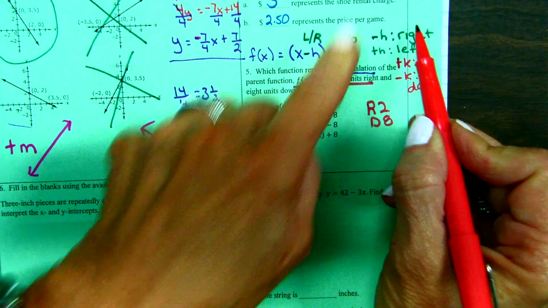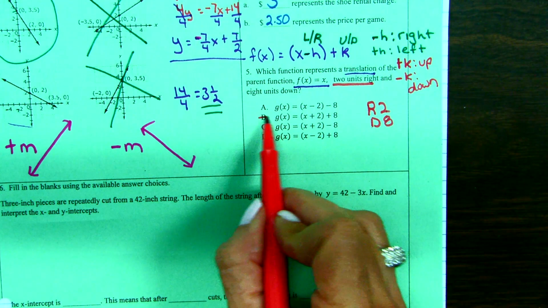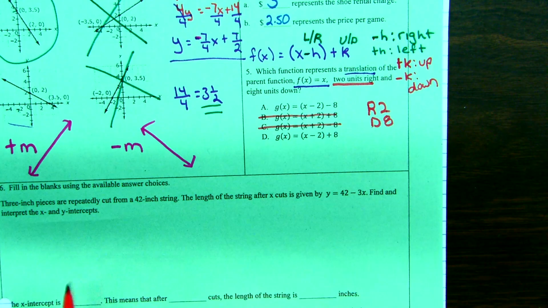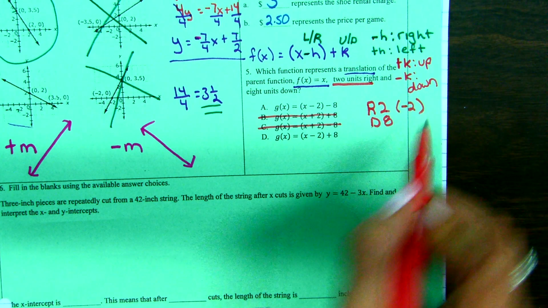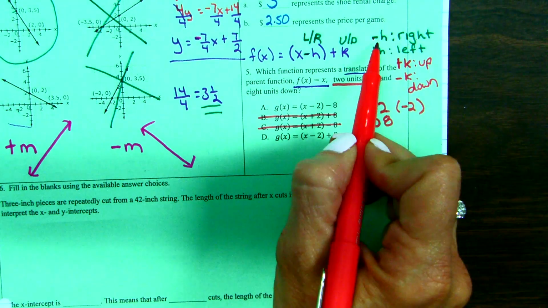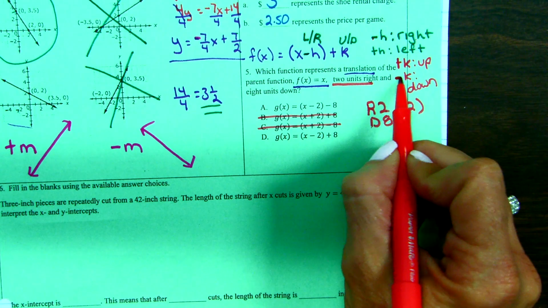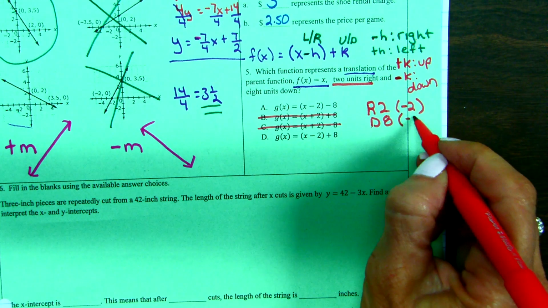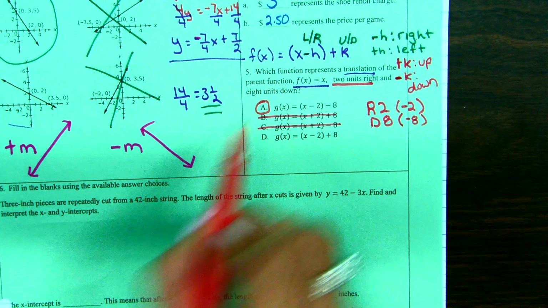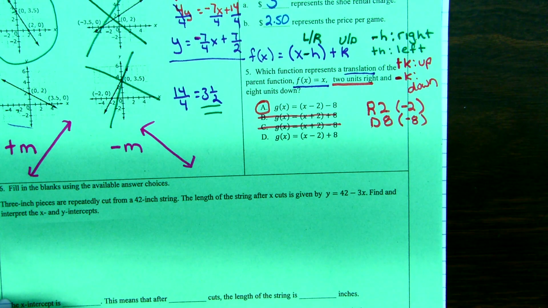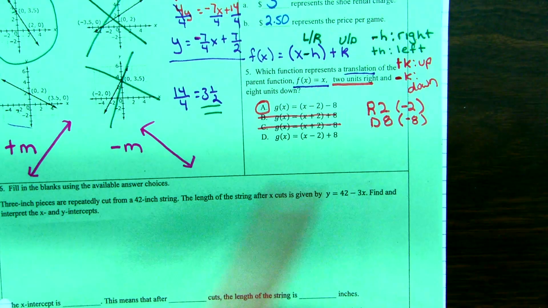If you wrote this, you have to get it right. So immediately we can get rid of this one and this one. Right means minus 2. Down 8 is also subtract, minus K. So we want the one that has minus and minus. That would be A. Perfect note card stuff.